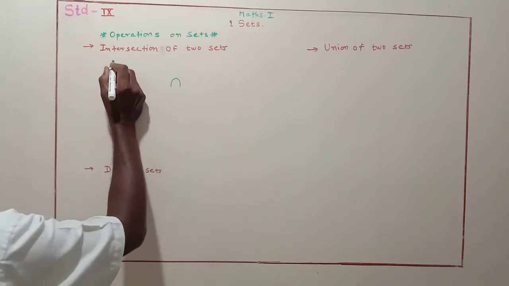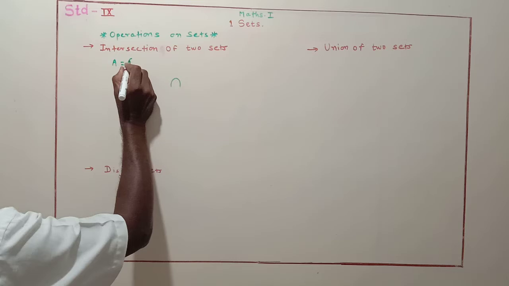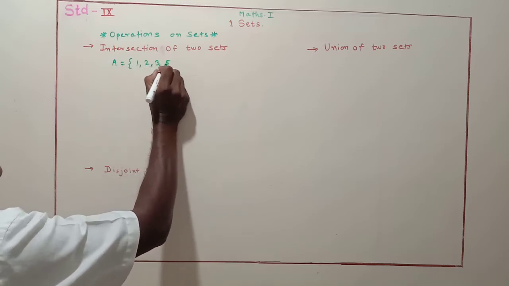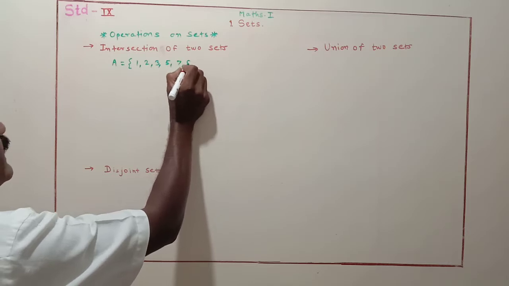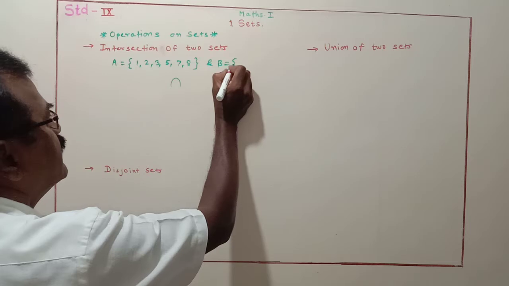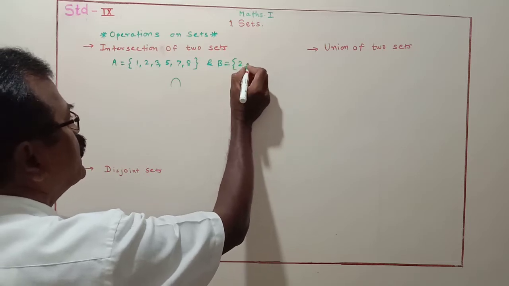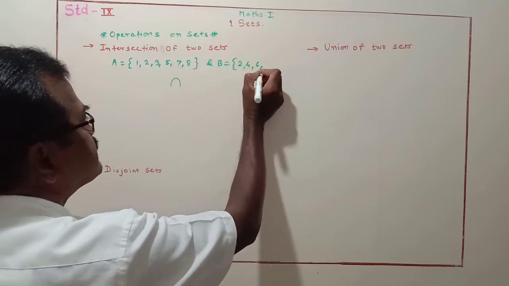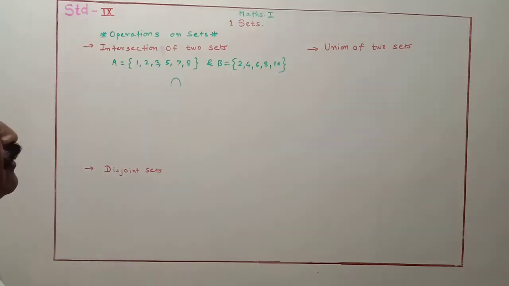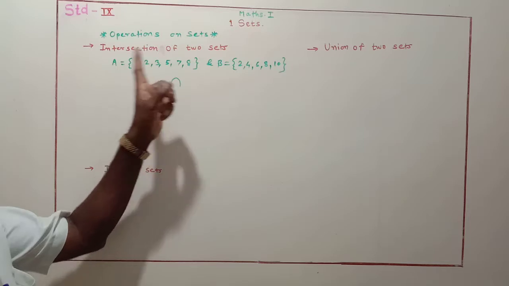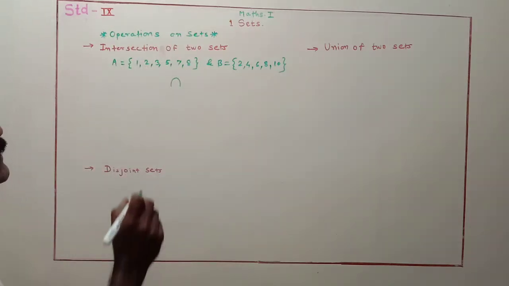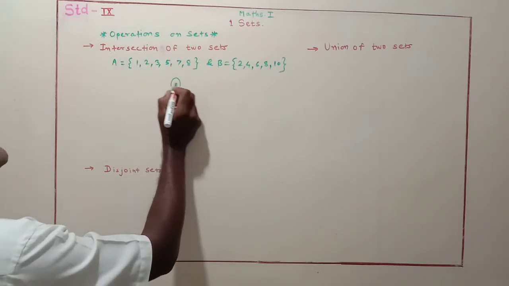Suppose A is equal to, in curly brackets, 1, 2, 3, 5, 7, 8, and B is equal to, in curly brackets, 2, 4, 6, 8, 10. All common elements of A and B form the intersection of sets A and B, which is denoted by this sign.